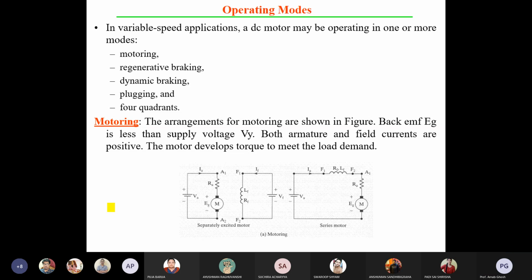What happens in the case of a bridge converter? Suppose you know the duty, meaning on time, T on by T, the ratio between on time and total time period. We are talking about alternating nature, but the important thing is that we are considering the average value of the output voltage.